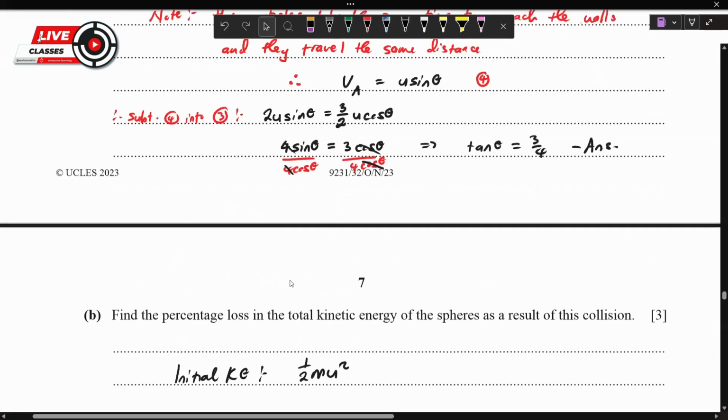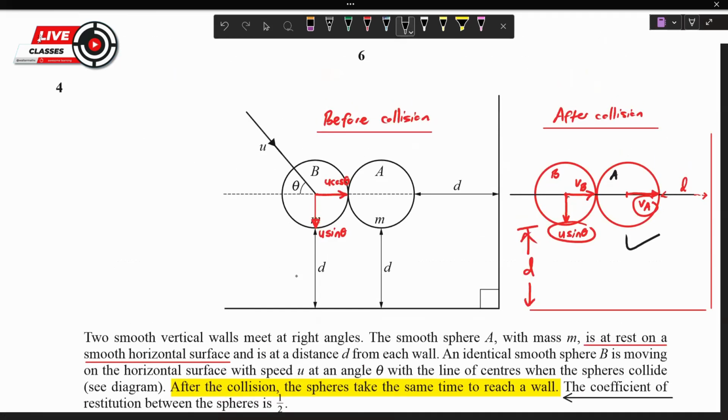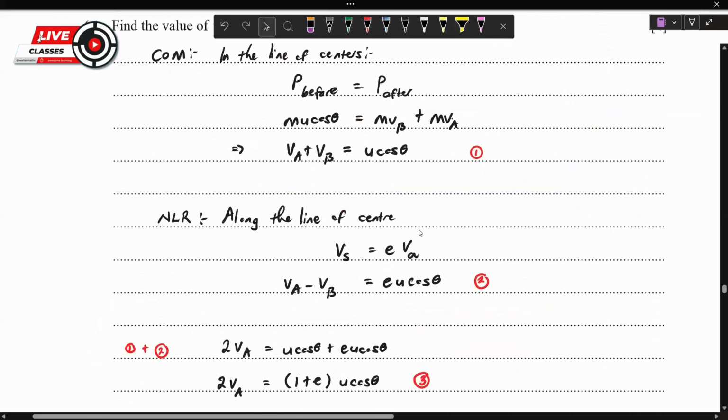plus the speed for particle B. Now the speed for B will be going in this direction, right? The resultant speed will be going in this direction, and the components are VB and U sine theta. So the speed is found using those two components, VB and U sine theta.